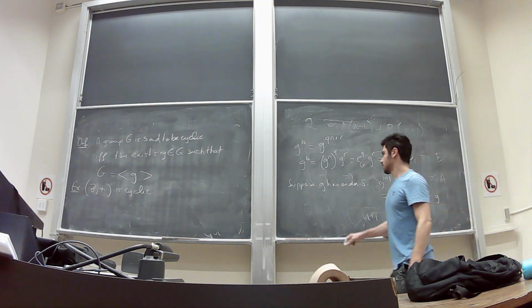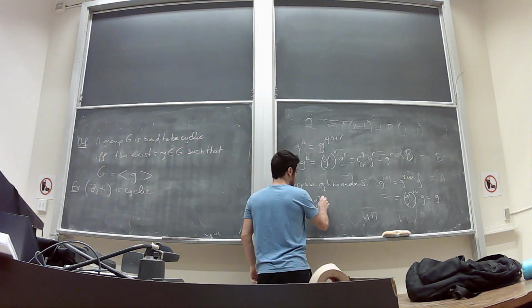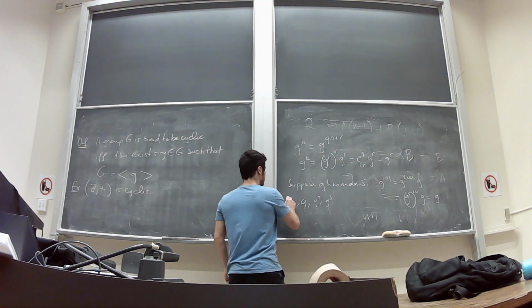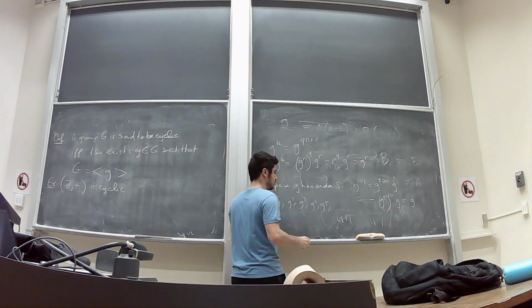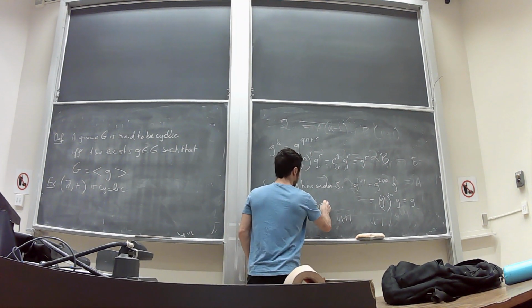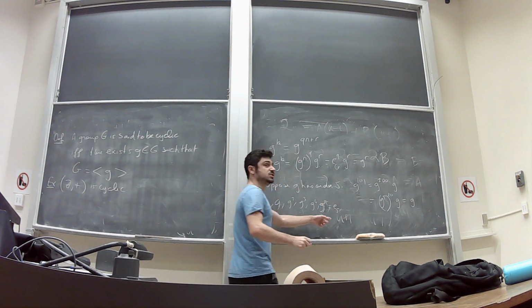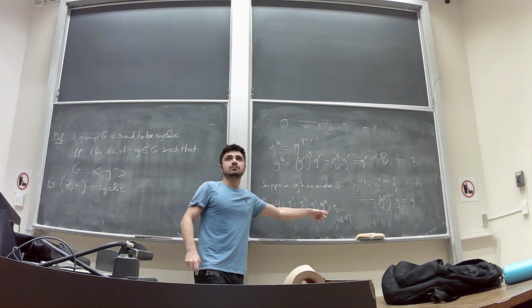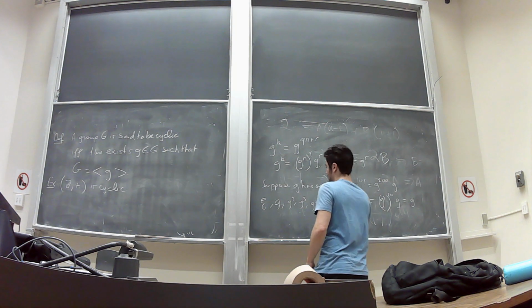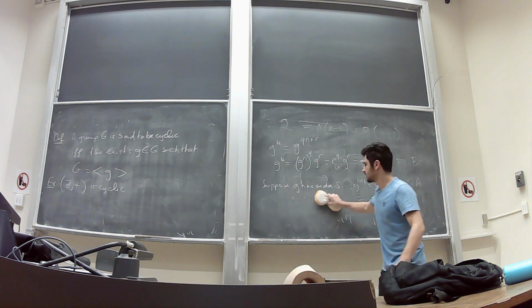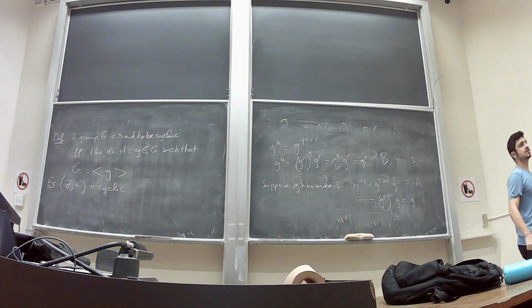So G squared, G cubed, G to the 4, G to the 5, which is the identity. What is G6? G, exactly, okay? So basically it cycles back. Okay, so Z plus is cyclic.